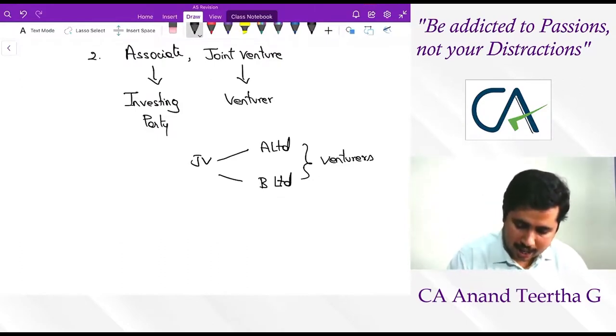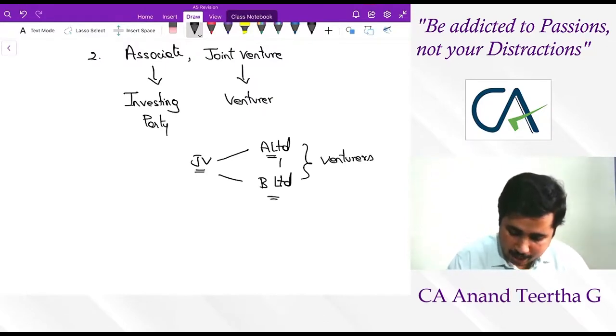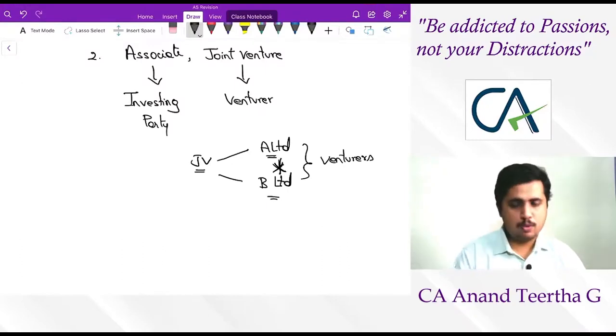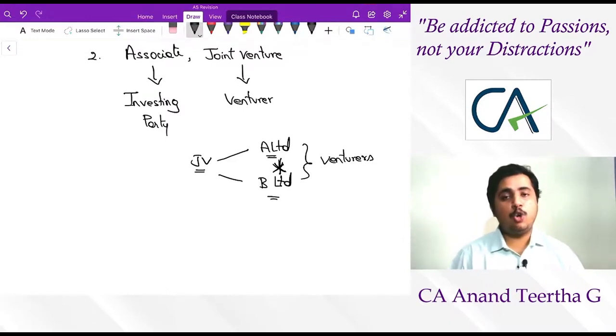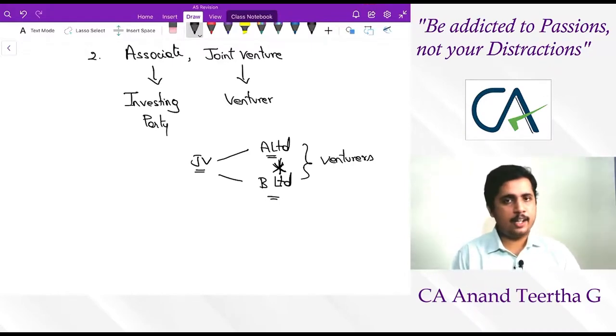Joint venture and the venturer are related parties. Okay, but very important, A and B are not related parties, because the standard did not tell the co-venturers are related party. No. They said only joint venture and the venturer. So joint venture and venturer are related. Between the venturers, there is no related party.